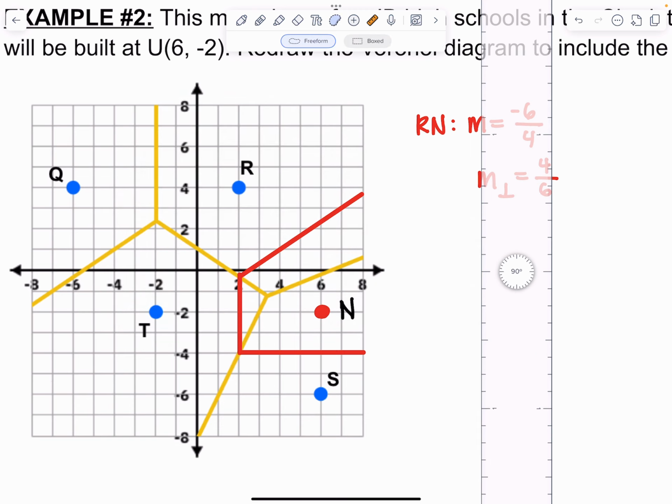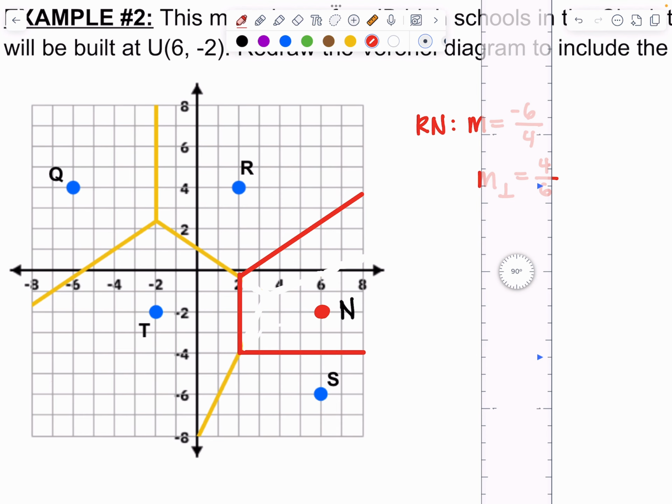all right. So now, as you can see, and once again, if I wanted to, I could go in and erase these yellow lines so you can see.